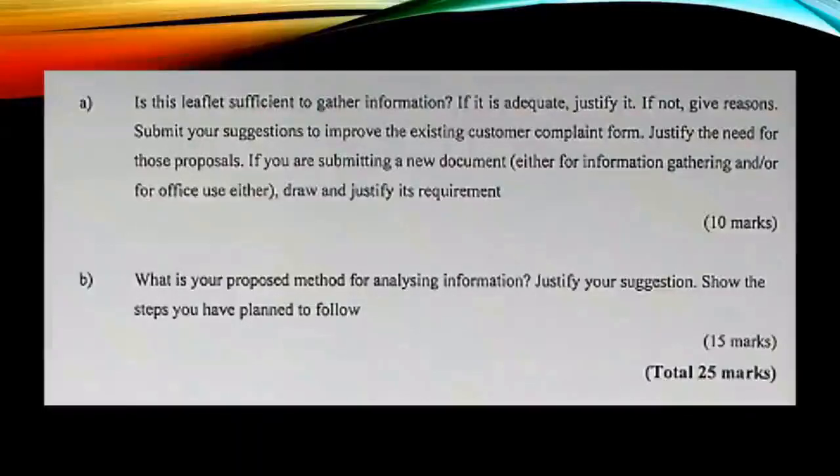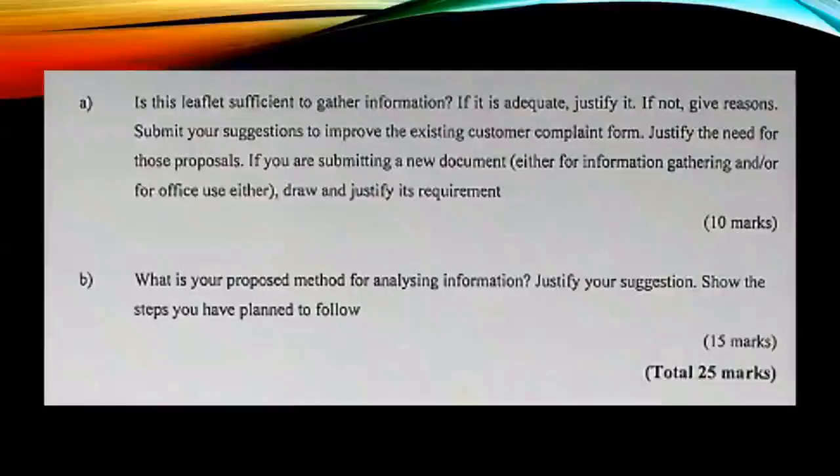Here, what is the problem? Is this leaflet sufficient to get the information? Then we have to evaluate the given form and decide whether it is adequate or not.